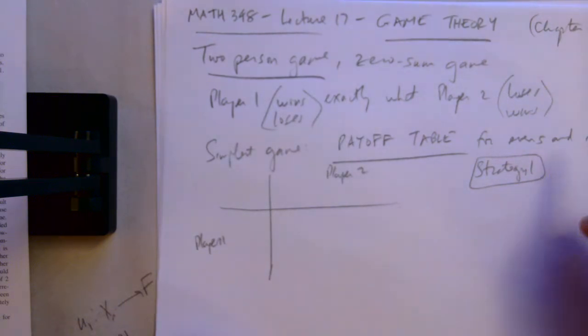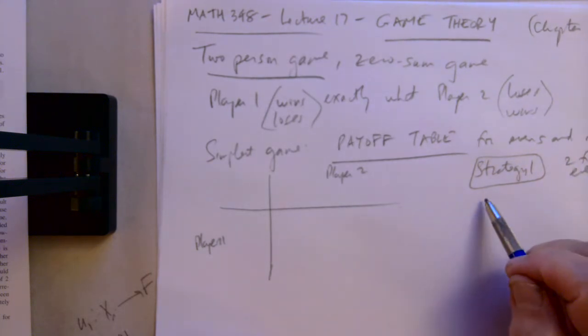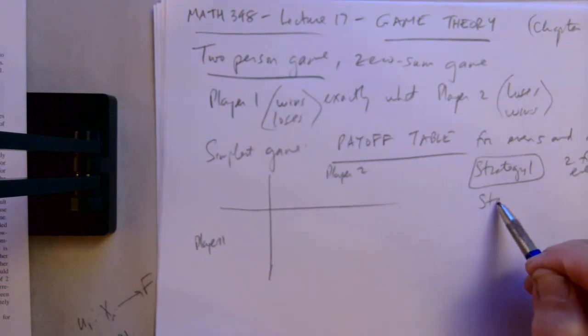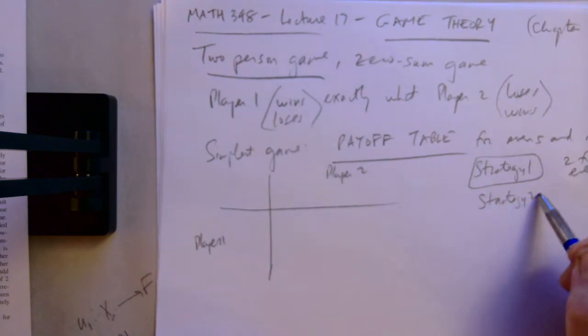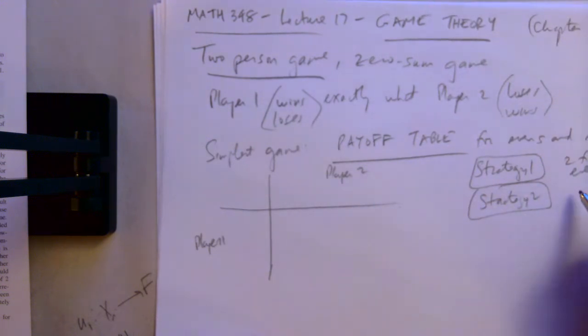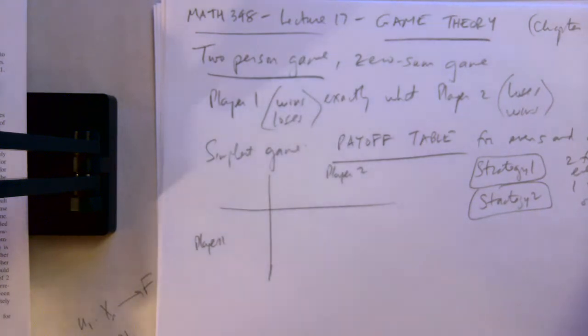So strategy one is put out two fingers, or an even number of fingers. And each player also has the opposite strategy. Strategy two, you put out one finger, or an odd number of fingers.